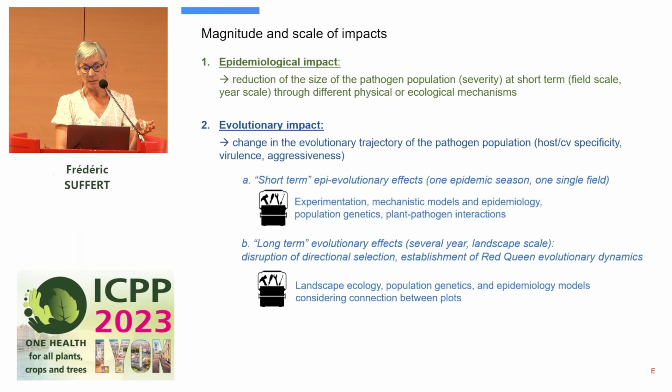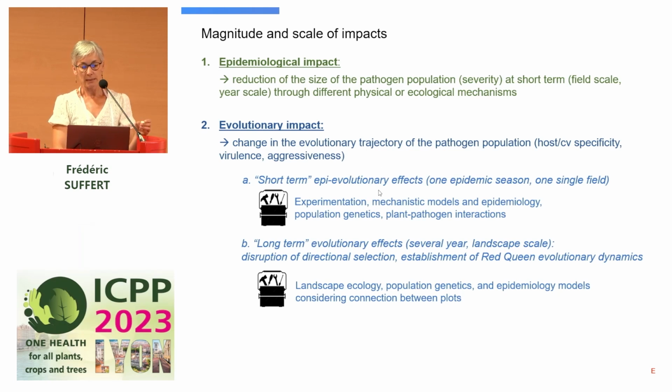And again, there are some mechanisms that will act at short term by switching the allelic frequencies or virulence frequencies within 1 year or one epidemic season, but also long-term evolutionary effects that will act over several years, and especially the disruption of the directional selection.